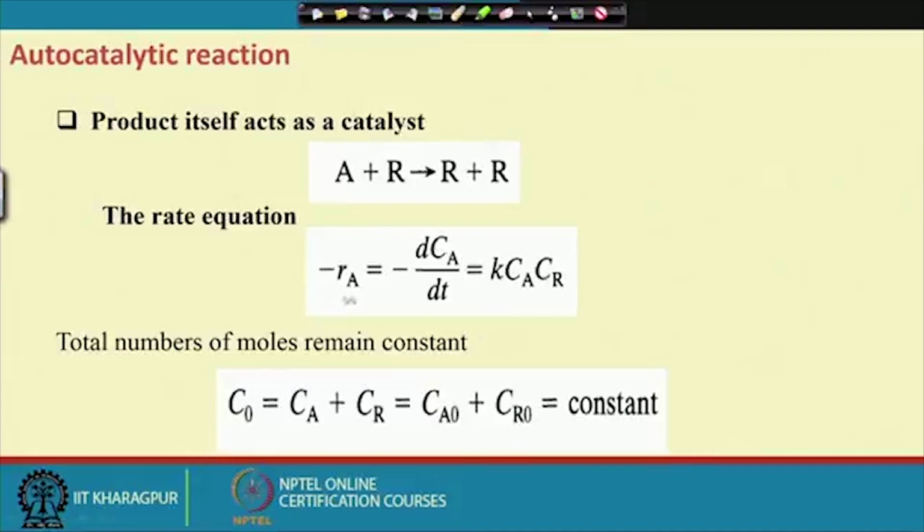You see that RA equals K into Ca plus Cr, because it is proportional like this. What is C0? If we assume C0 is the concentration of A plus the concentration of R, so we can write this as Ca0 plus Cr0, that should be equal to a constant.